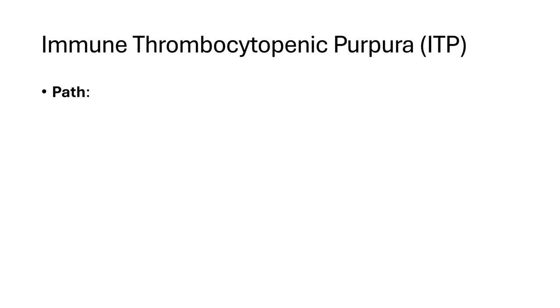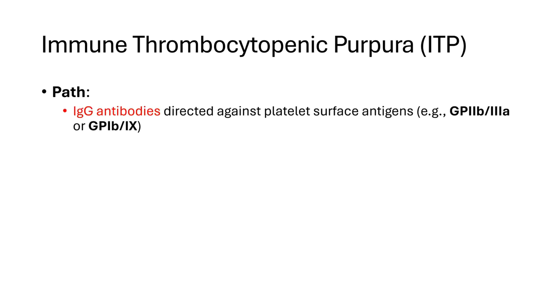Let's now go over a brief pathology review of ITP. Simply put, ITP is caused by IgG antibodies directed against platelet surface antigens. These platelet surface antigens can be GP2B, GP3A, etc. Overall, ITP is a type 2 hypersensitivity reaction.